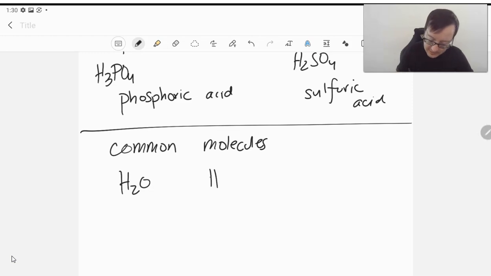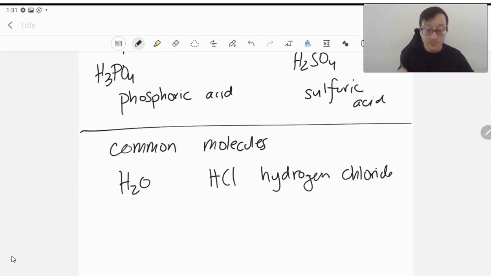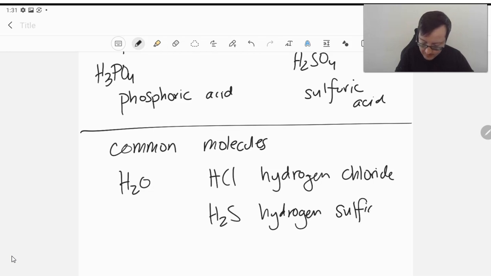For example, HCl without the aqueous is hydrogen chloride, not hydrogen monochloride. H2S is hydrogen sulfide. And as you can see, we follow ionic naming rules here. And so don't say dihydrogen monoxide. Unfortunately, that's not the systematic way to name this. Although hydrogen is a non-metal, we don't ever say dihydrogen monosulfide.